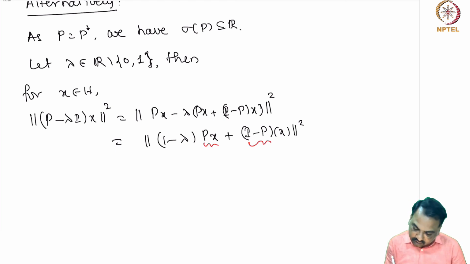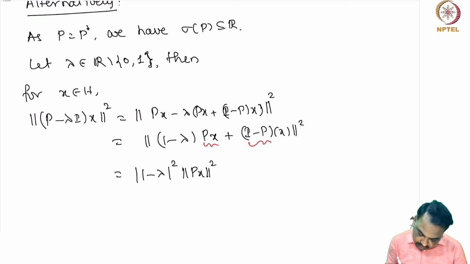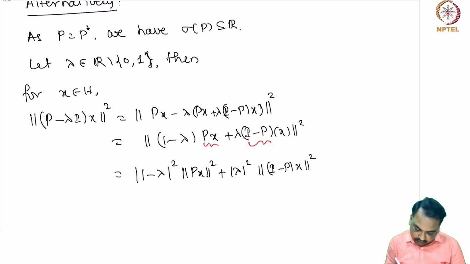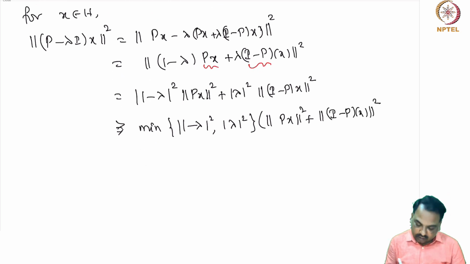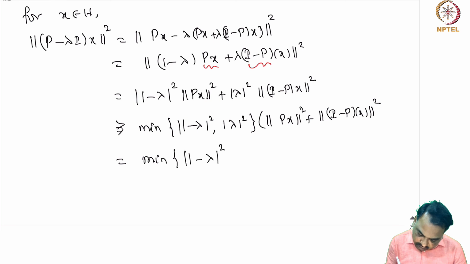So when you take the square here, we will get mod (1 minus lambda) square norm of Px square plus mod lambda square norm of (I minus P)x square. So this is bigger than the minimum of mod (1 minus lambda) square and mod lambda square, times norm Px square plus norm (I minus P)x square, and this is nothing but the minimum of mod (1 minus lambda) square and mod lambda square, times norm x square.